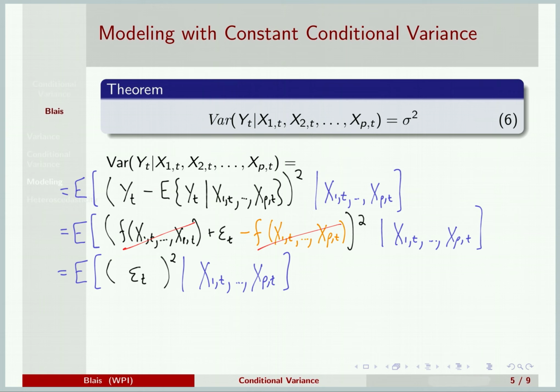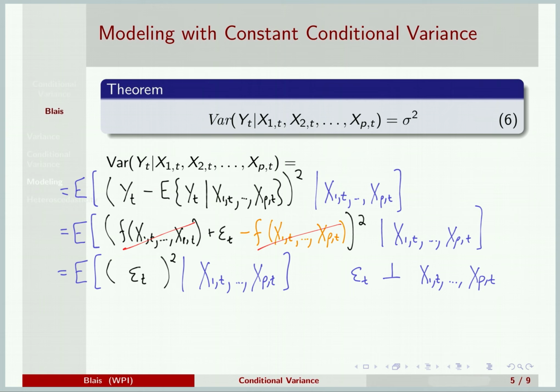So the expectation of epsilon t squared given x1t to xpt. But again, we use our argument that epsilon t is independent of the predictors, which means we can drop the conditioning.